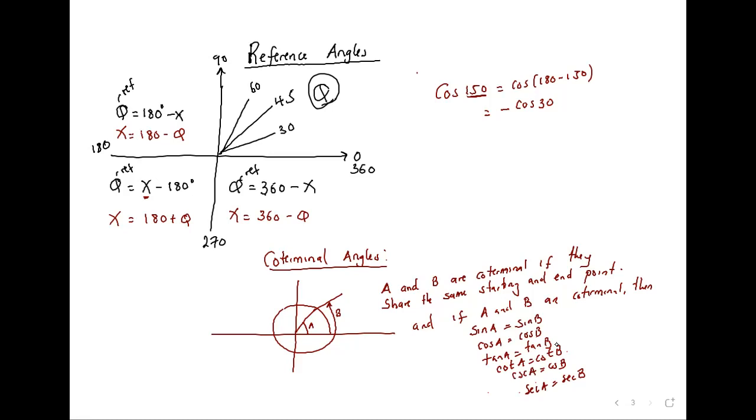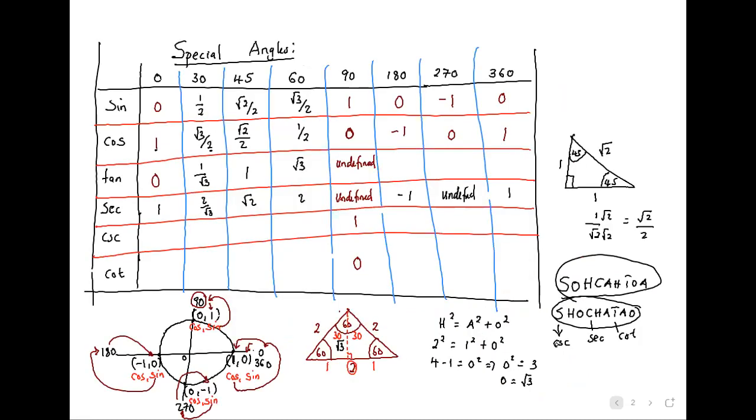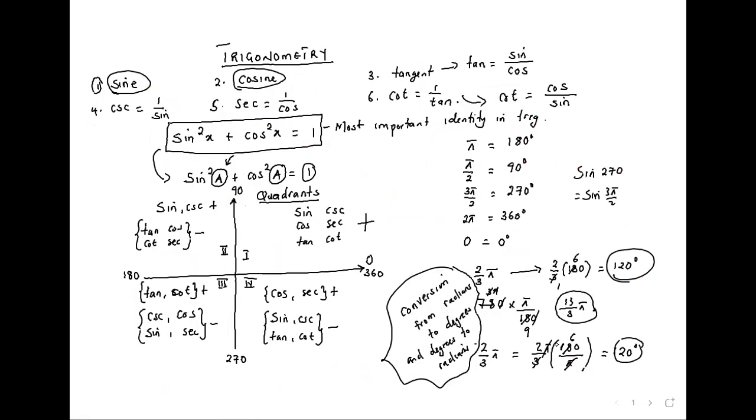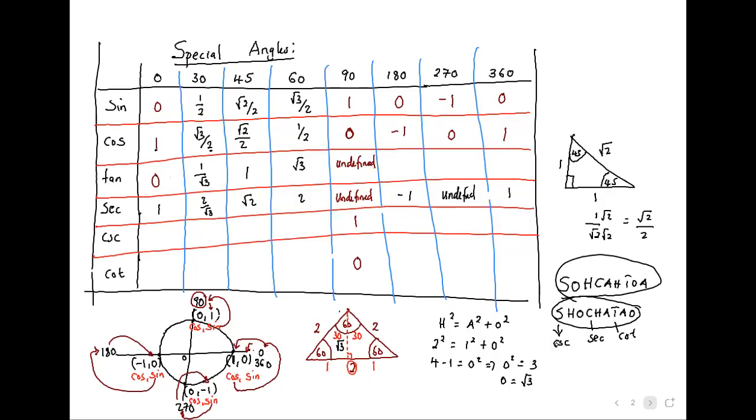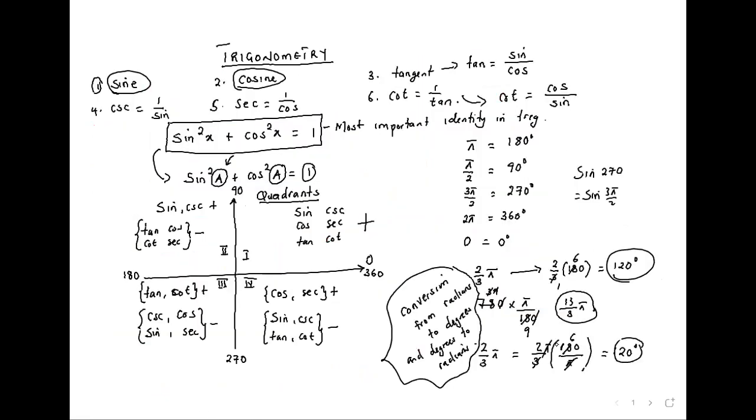Okay. So now I'm giving you a task that you're going to sleep with in the homework. This thing that we have done here, we have talked about the quadrants, about which trig function is positive where and negative where. Two, we have also talked about the conversion from radians to degrees.